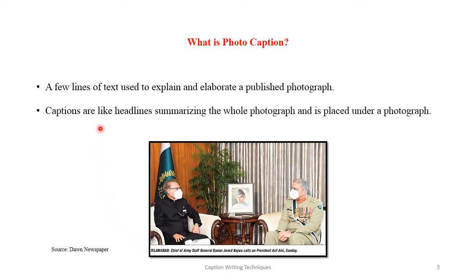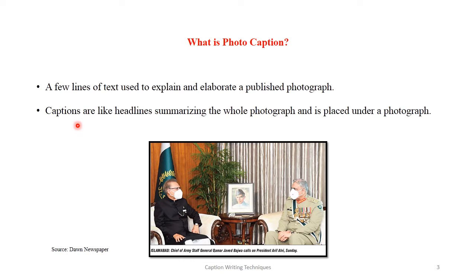Then we say captions are like headlines, summarizing the whole picture, and are placed under a photograph. So captions act like headlines, and all the activities and information given in the photograph are summarized by the caption.